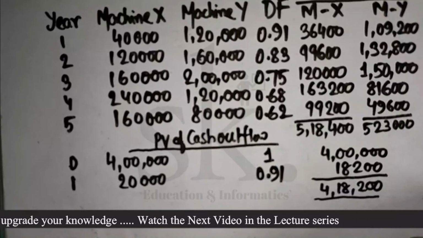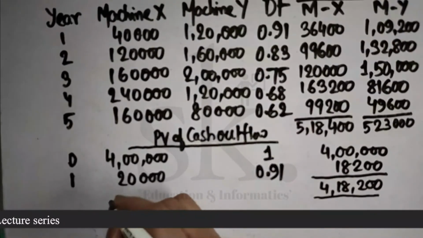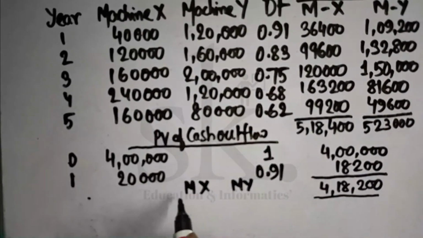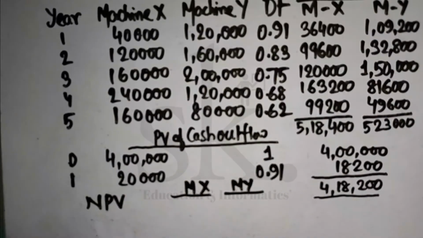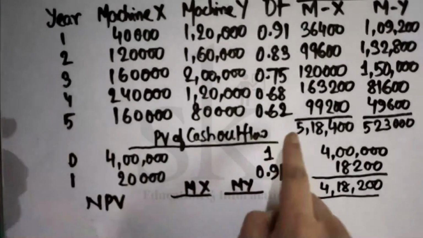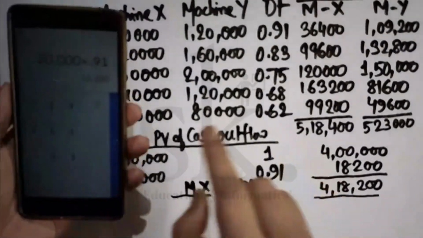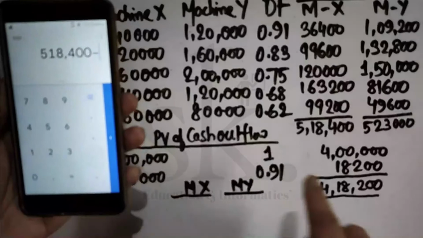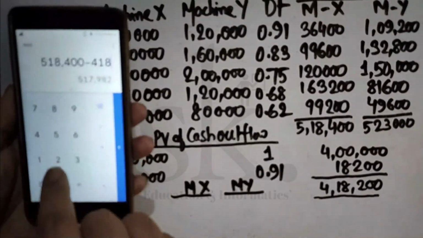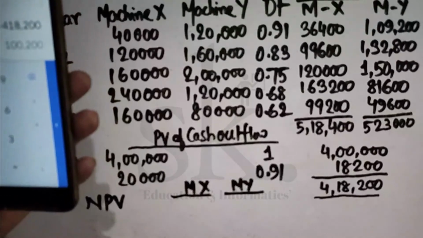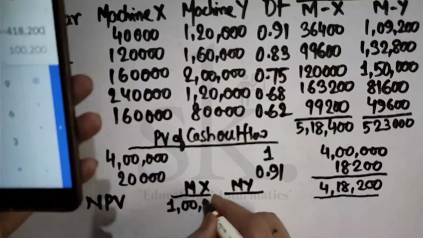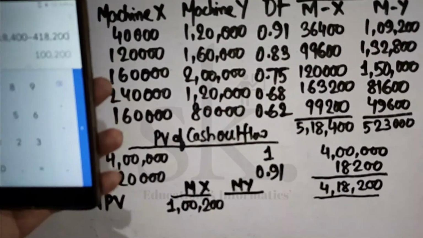The NPV for machine X will be the present value of inflow of machine X, which is 5,18,400, minus the investment amount 4,18,200, which gives me 1,00,200 for machine X.